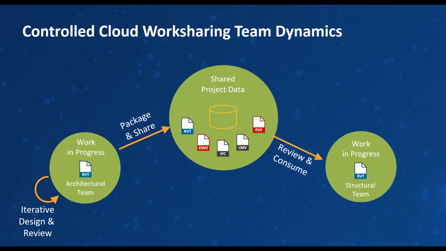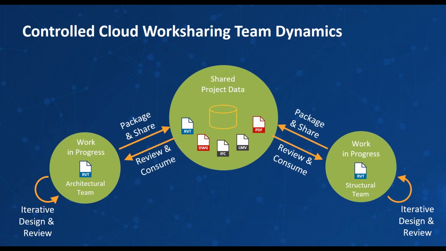They have to confirm that it meets what they needed, and then they can actually consume that. They'll start using that package as their background to work off of or to coordinate with. And then those other teams do the exact same thing. They work, they update, and they create their own packages back and forth. But every team is still in full control over their content that they work with.